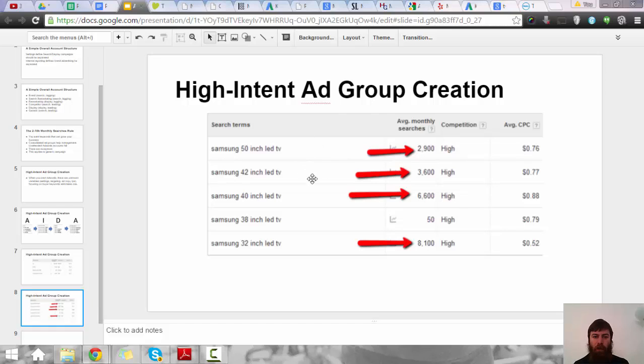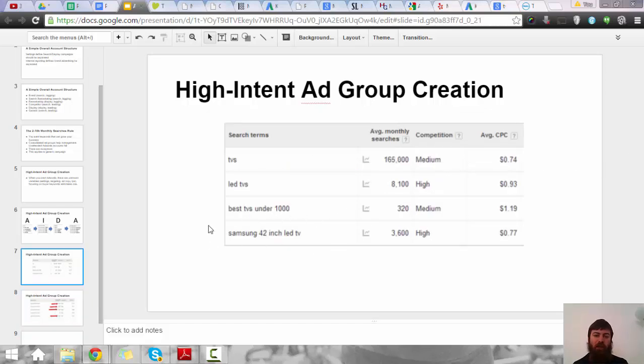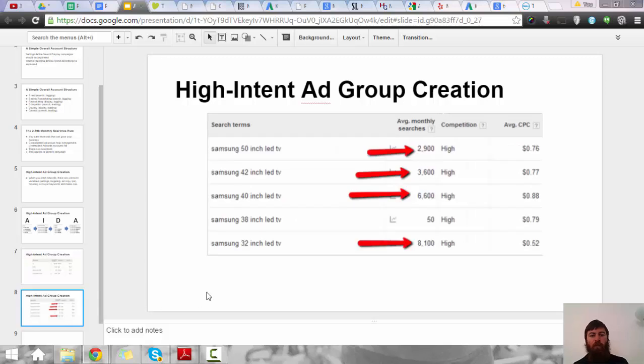So what I did was I took that one keyword, Samsung 42-inch LED TV, and I extrapolated it. I said, okay, how many other keywords are there around this? So now this is an e-commerce example, but we're going to use this for our businesses in a second. Notice Samsung 50-inch LED TV, 42-inch, 40-inch, 38-inch, 52-inch.